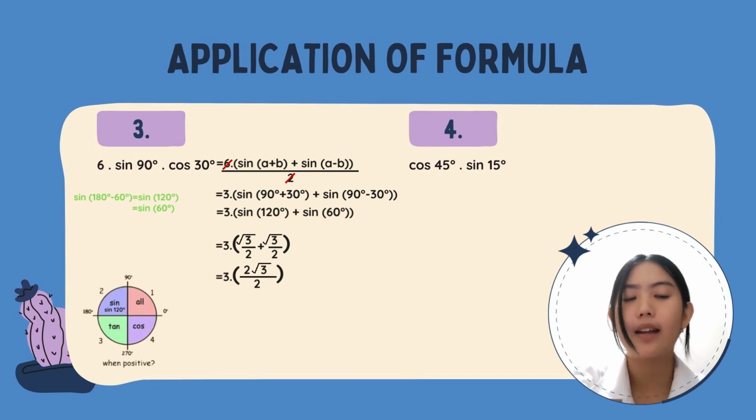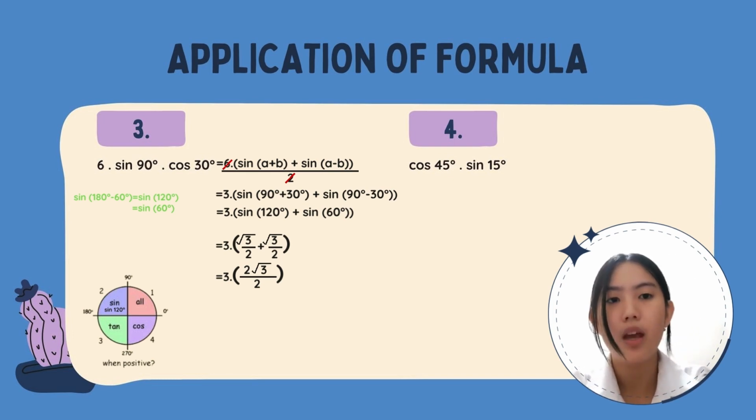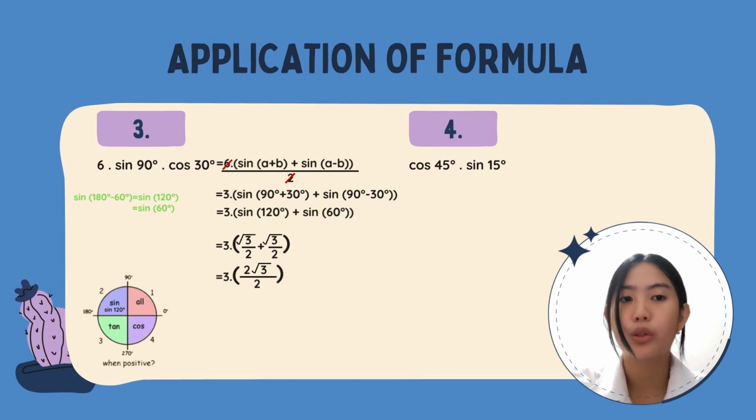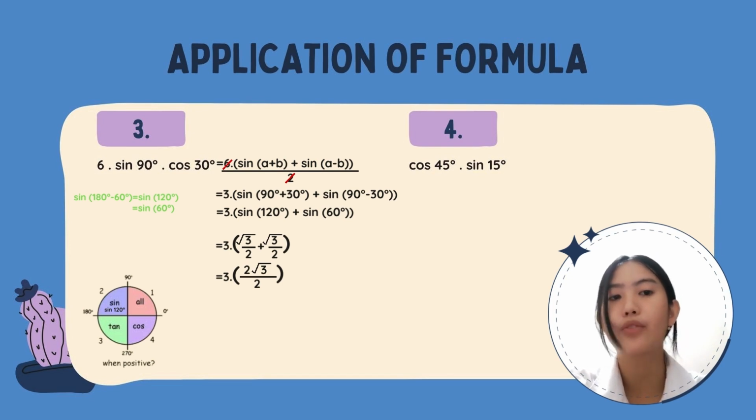Because, like I said, if it's an addition or subtraction, then the denominator belongs to both of them. And in this case, 2 belongs to root 3 number 1 and root 3 number 2. Then we're just going to write it down. 3 times in the bracket 2 root 3 over 2. Since we have 2 in here, we can cancel both of them out. So the final answer for this question is 3 root 3.